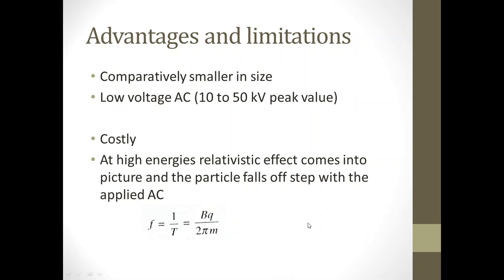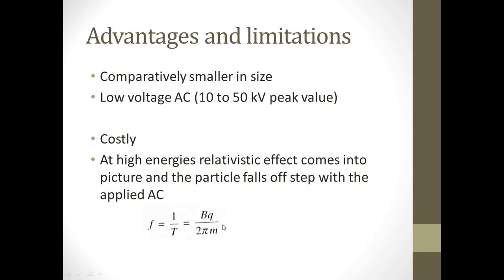Now we know at higher velocities there is an apparent increase in the mass of the particles. The particles become massive, relativistic mass. So what will happen? In the cyclotron frequency, we have mass in the denominator. So once m becomes relativistic, the particle attains very high speeds, m starts increasing. So the frequency of the particles starts decreasing from this value.